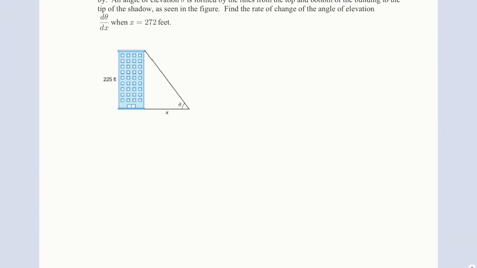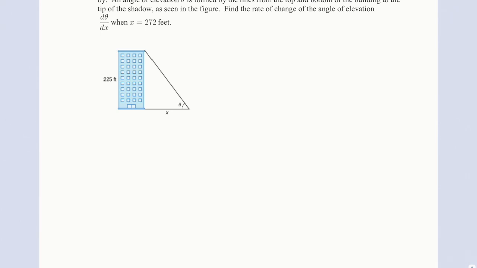We're looking for a rate of change of an angle, but this time we have to come up with a function that relates the angle and x. So we can see here that relative to angle theta, we have the opposite side and we have the adjacent side.